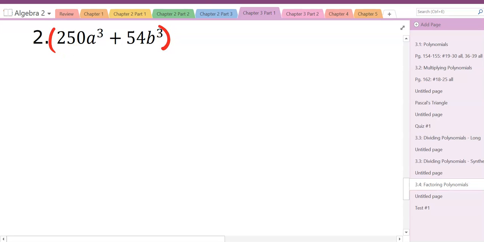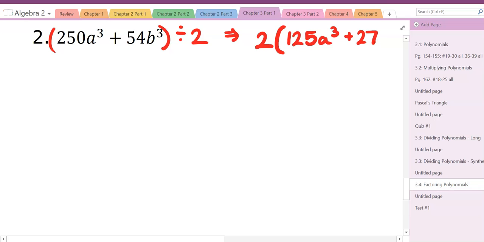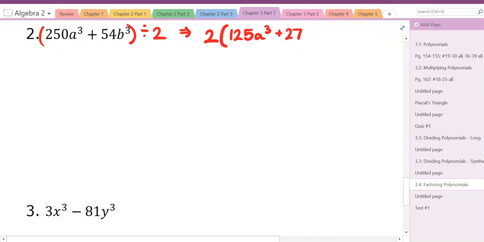So I'm going to divide the numbers by 2. A 2 is going to sit up front, like I'm factoring out a 2. 250 divided by 2 is 125 A to the third. And 54, if I factor out a 2, is 27, and that's going to be B to the third.